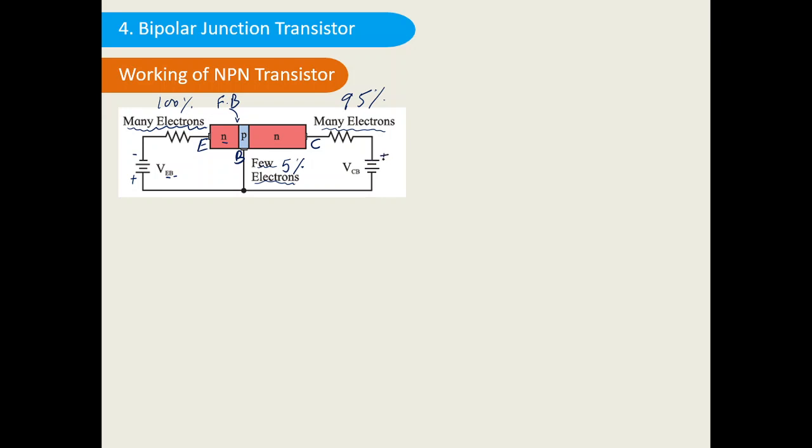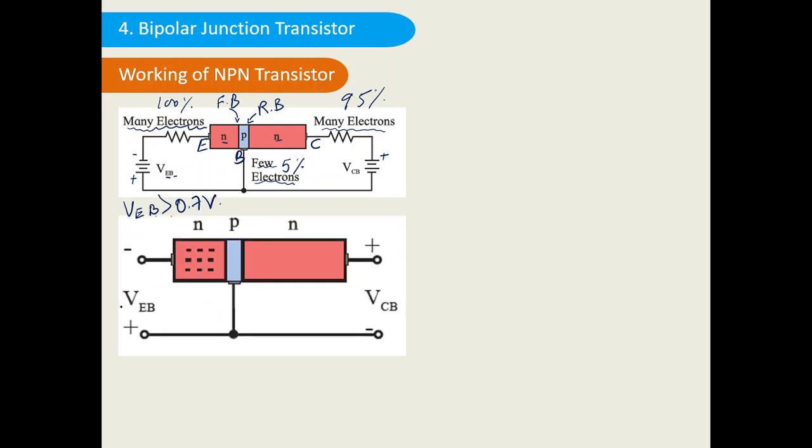Now this positive terminal is connected to the negative terminal of this semiconductor, so this junction is reverse biased. One junction is forward biased and the other is reverse biased. Now what happens if VEB is greater than 0.7 volts?